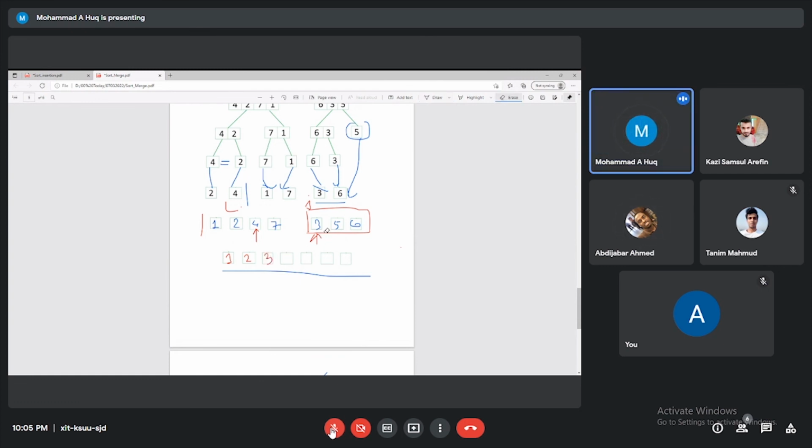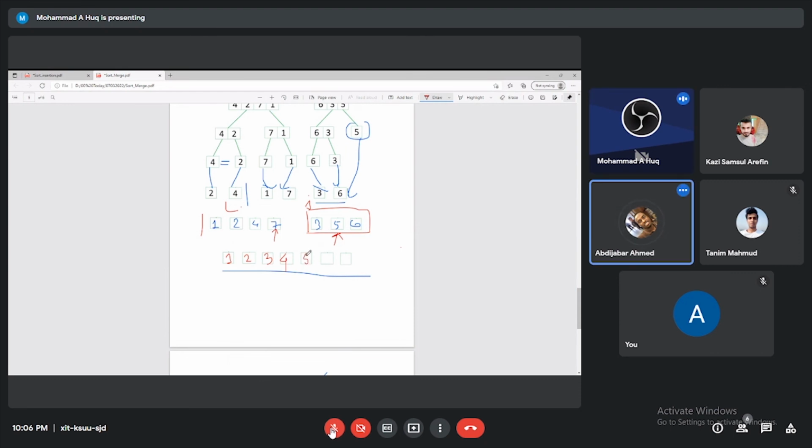And from where you picked, that marker will move to the right. Now 5 and 4. Which one is minimum? 4. So it will come here. Okay, 7 and 5. What will happen? 5 is smaller.